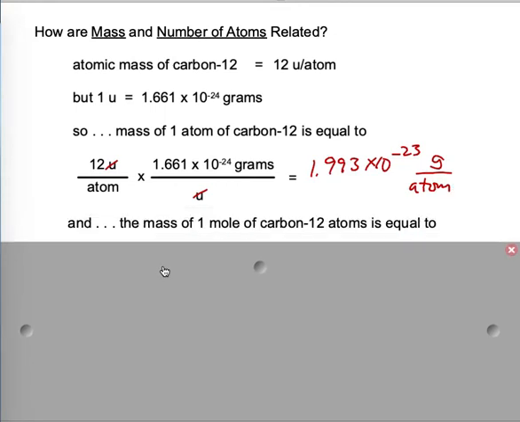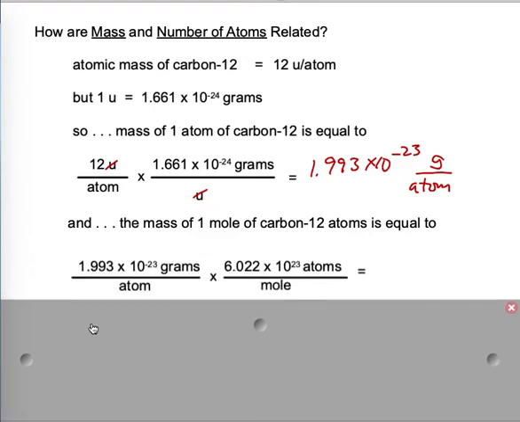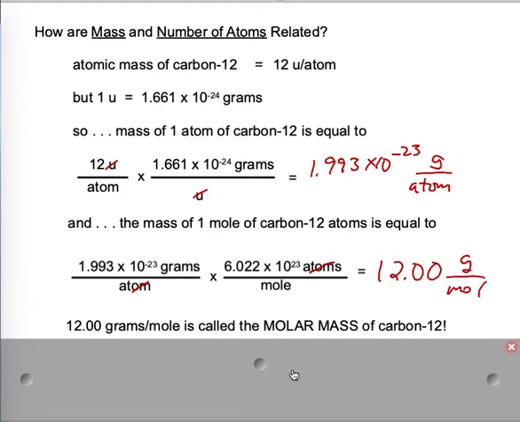Now let's use Avogadro's number to calculate the mass of 1 mole of carbon-12 atoms. So I'll take my 1.993 times 10 to the negative 23rd grams per atom, multiply by Avogadro's number of atoms per mole. Atoms cancel, and I get exactly 12.00 grams per mole. 12.00 grams per mole is called the molar mass of carbon-12.